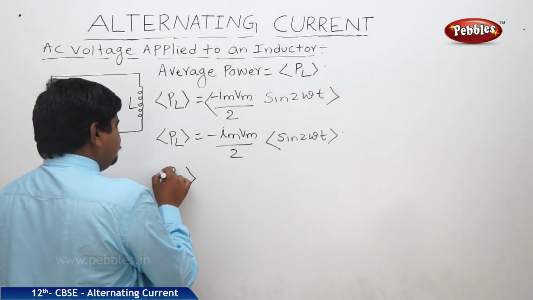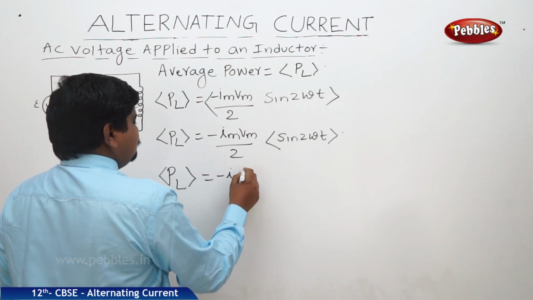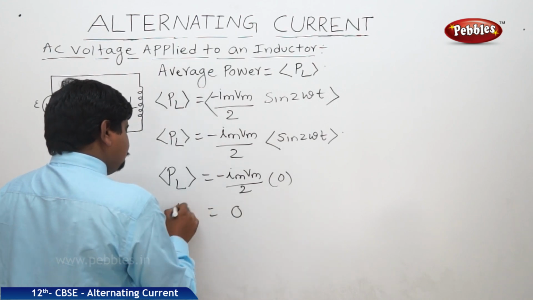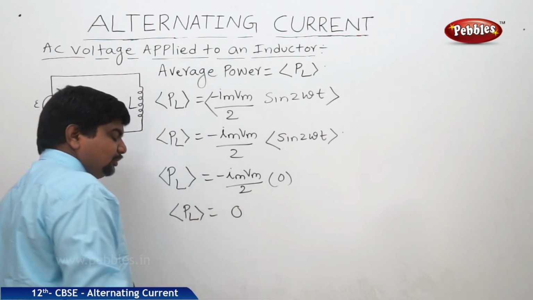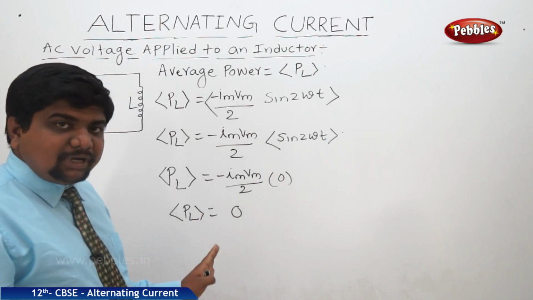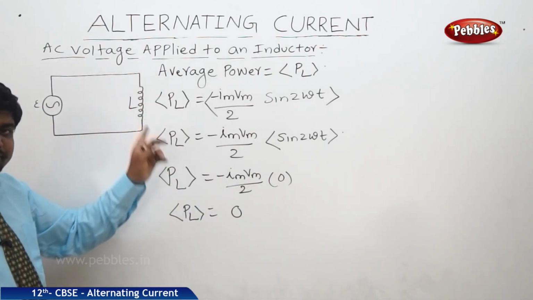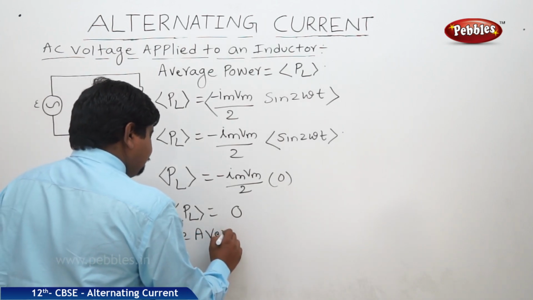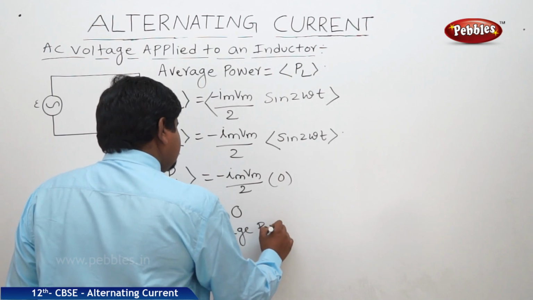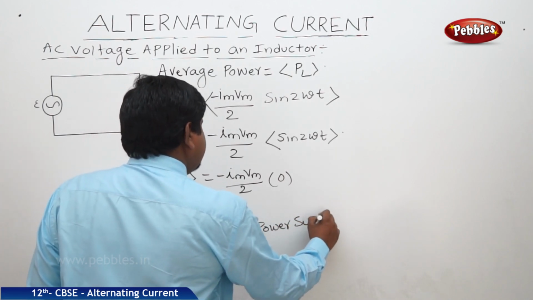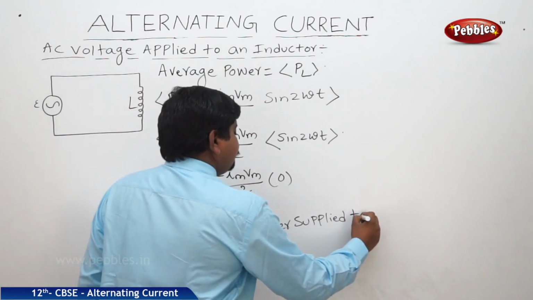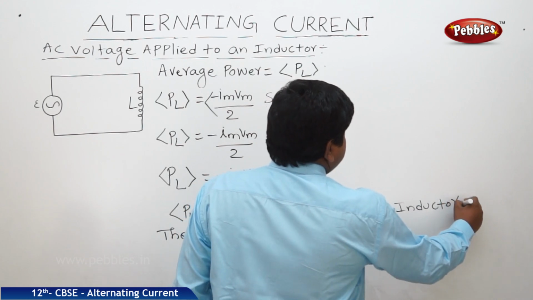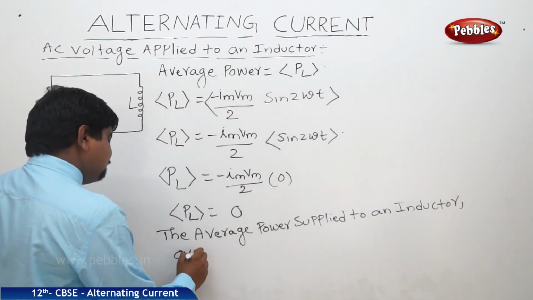Therefore, Im Vm by 2 into 0, that is 0. So, the average power supplied to an inductor over a complete cycle is 0.